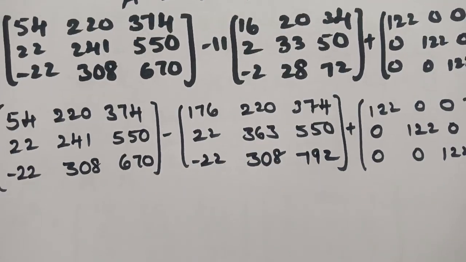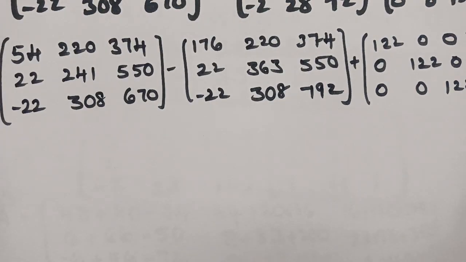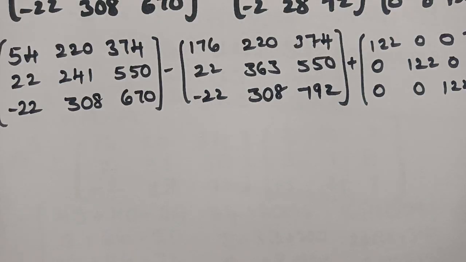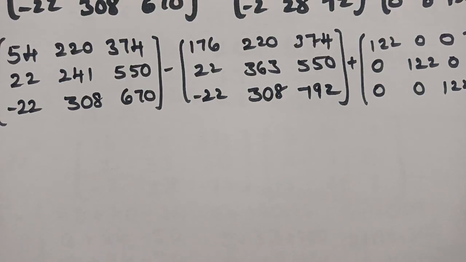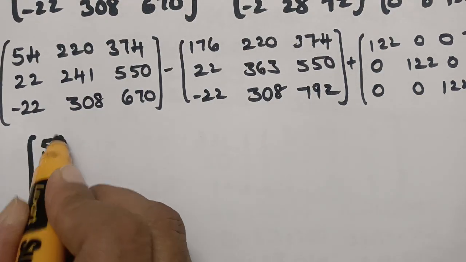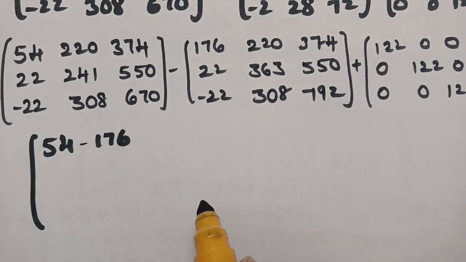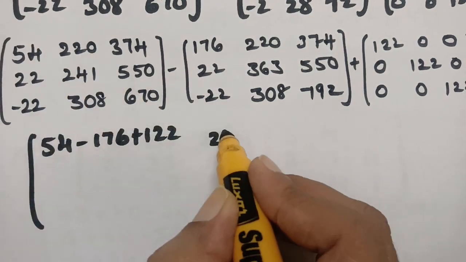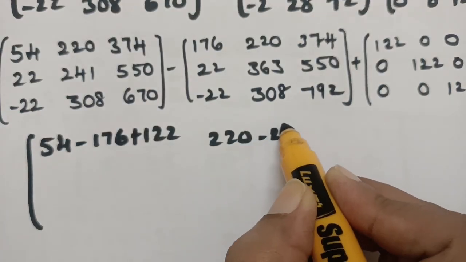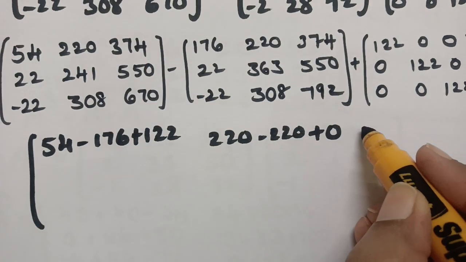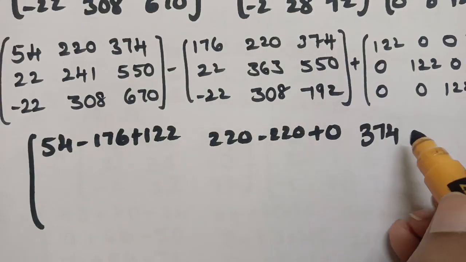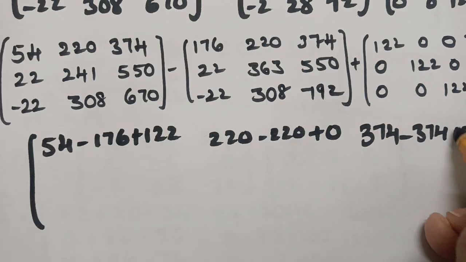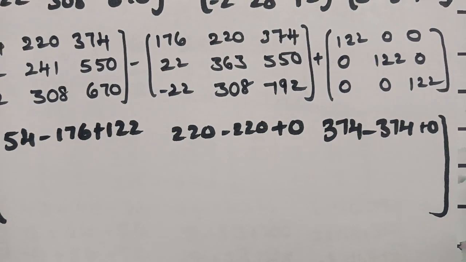Clear? Now I have to use a single matrix here. If I use a single matrix, this is 54 minus 176 plus 122. Clear? And the next one is 220 minus 220 plus 0, and this is 374 minus 374 plus 0. So this value is 0. Clear?